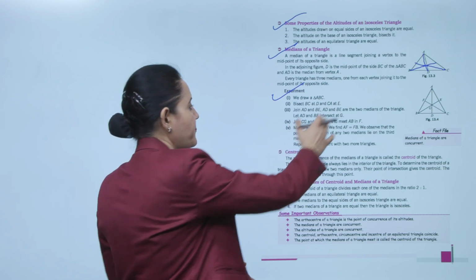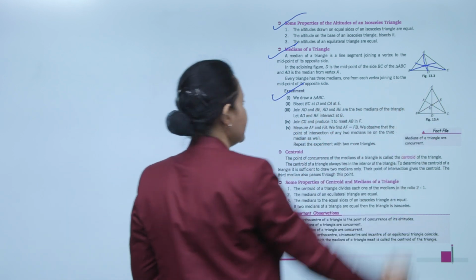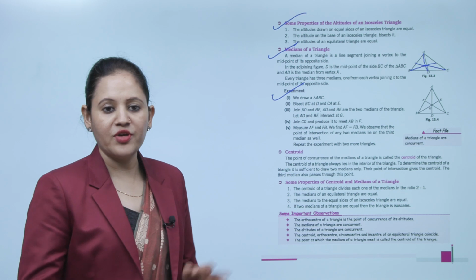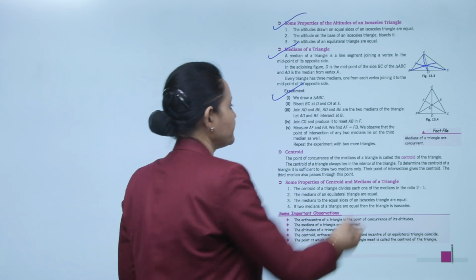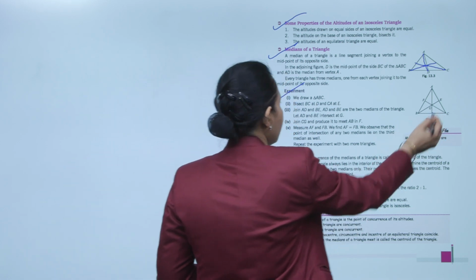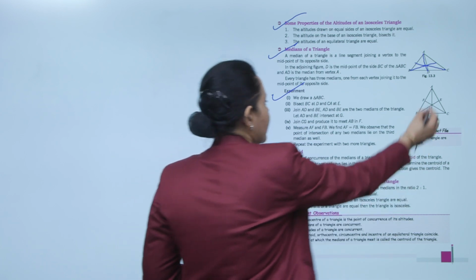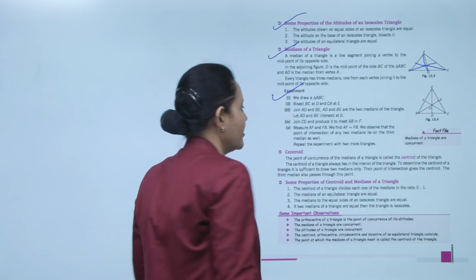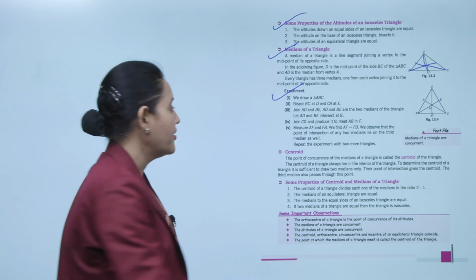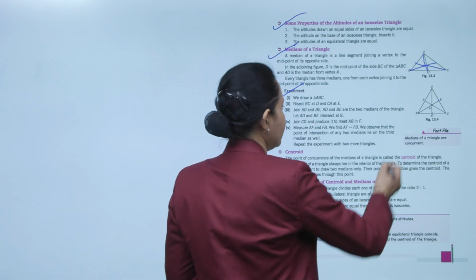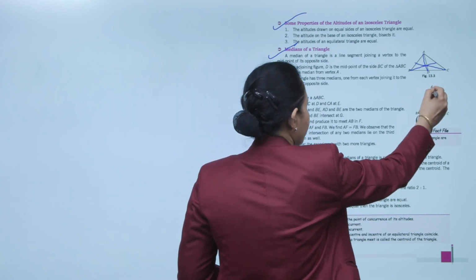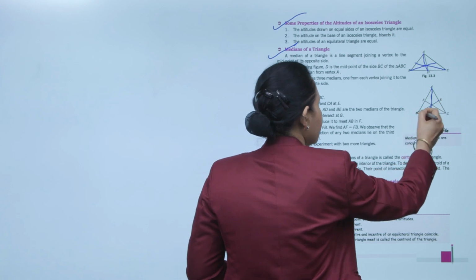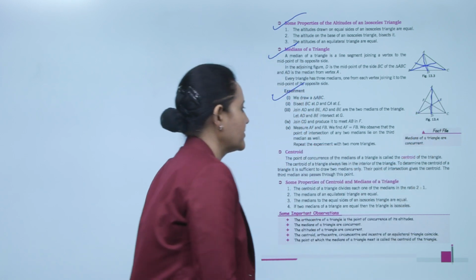So like this is the triangle ABC. Now what have we done? We have bisected BC at D, this is the midpoint, and CA at E. Now what we'll do? We will join AD and BE. Clear?